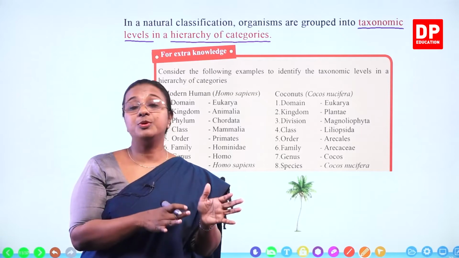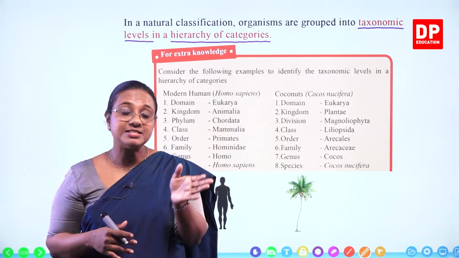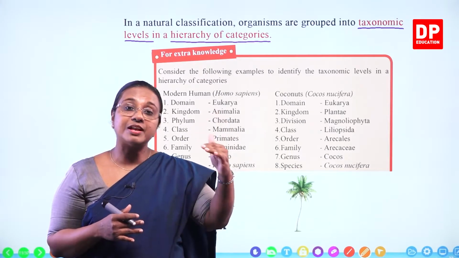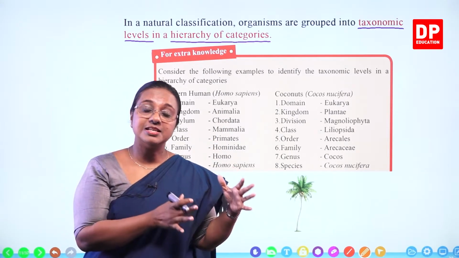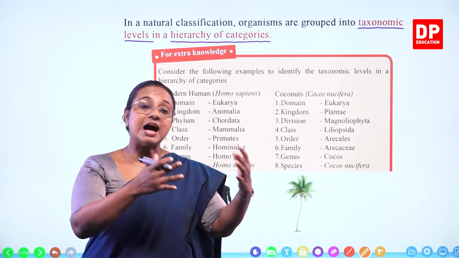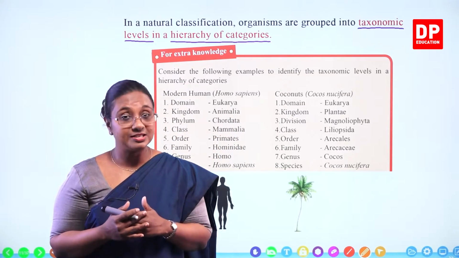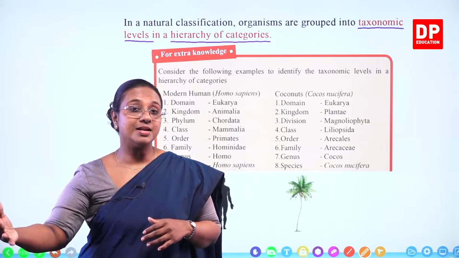But before we put them there, we have to classify them based on characteristics in different levels. First we consider them as animals, then under that what type of animals, like that we need to classify them. Same goes for plants.